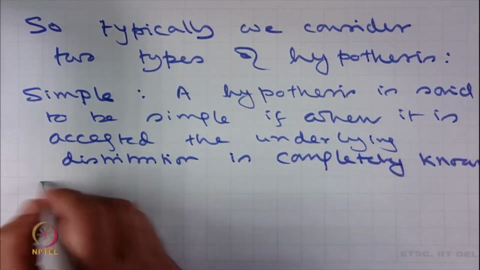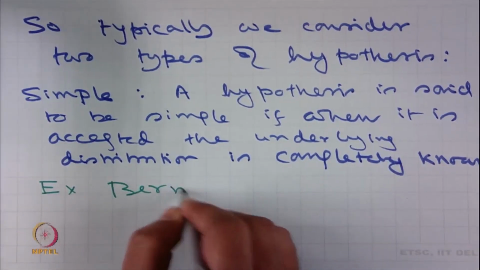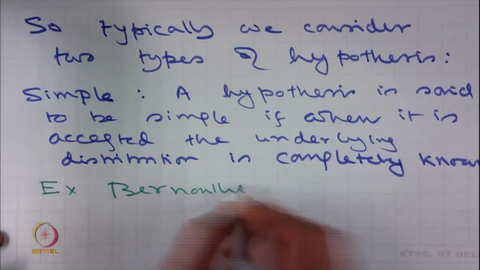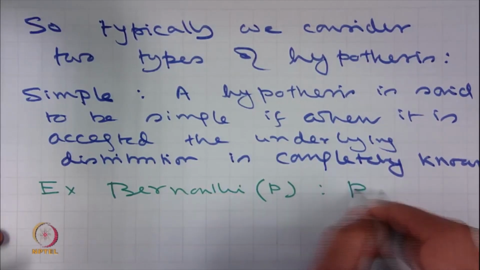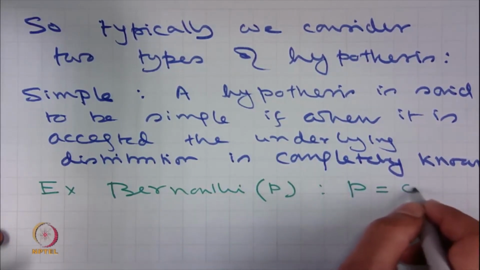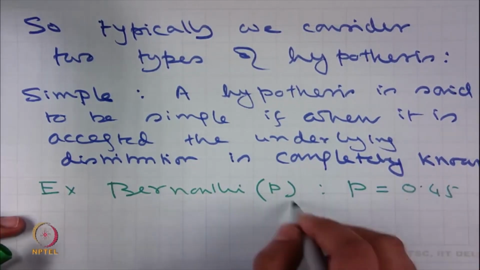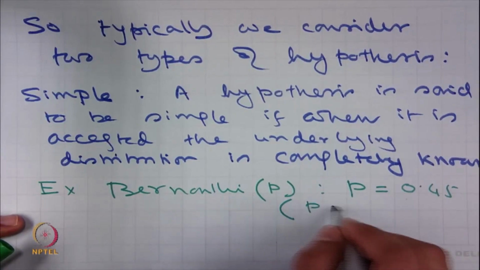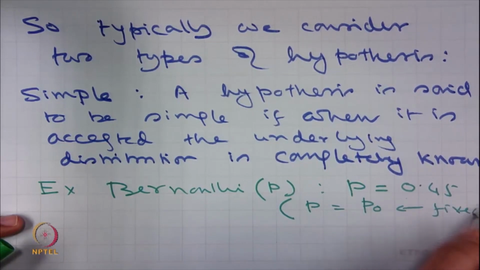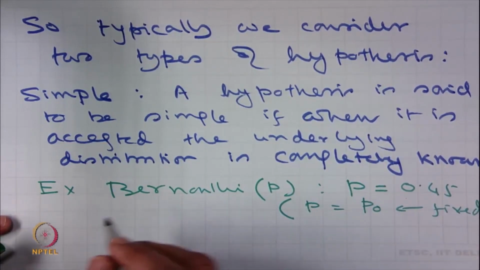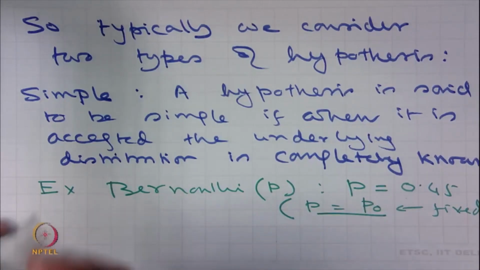Example: Bernoulli P, and hypothesis is P is equal to 0.45, or more generally P is equal to P0, which is fixed. So that if we accept that P is equal to P0, then we know the distribution completely.